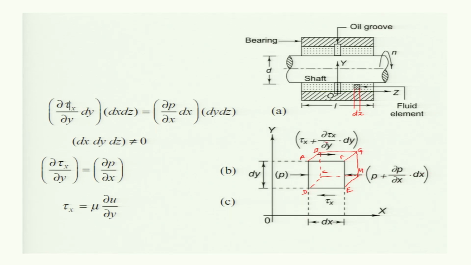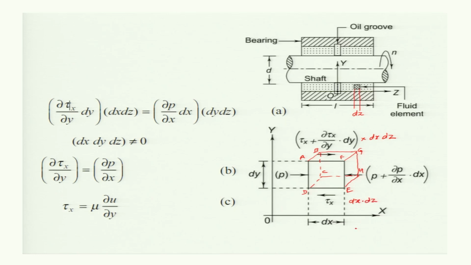Similarly, multiplying these shear stresses by the area on which they are acting, the area is dx multiplied by dz, and the area on which this tau x is acting is again dx multiplied by dz.